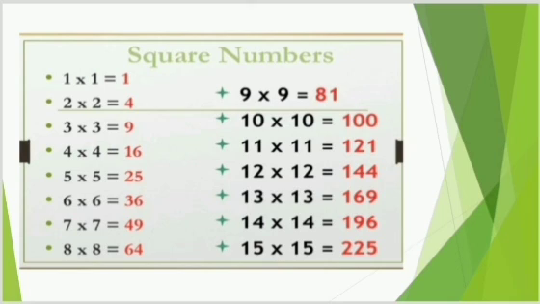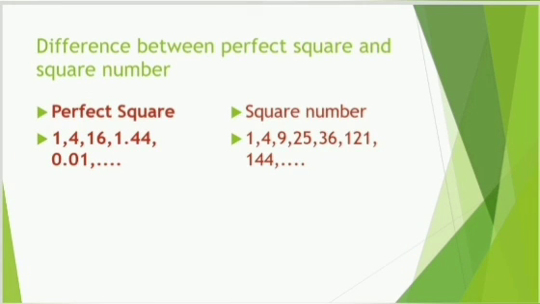Next, difference between perfect square and square number. See the slide children. Here perfect squares are 1, 4, 16, 1.44, 0.01, etc. But square numbers are 1, 4, 9, 16, 36, so on.